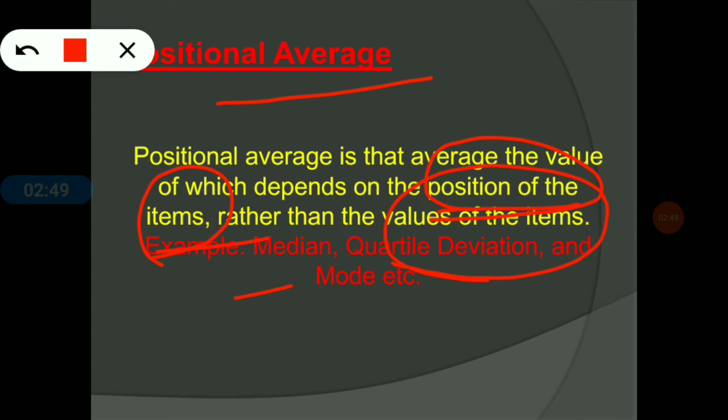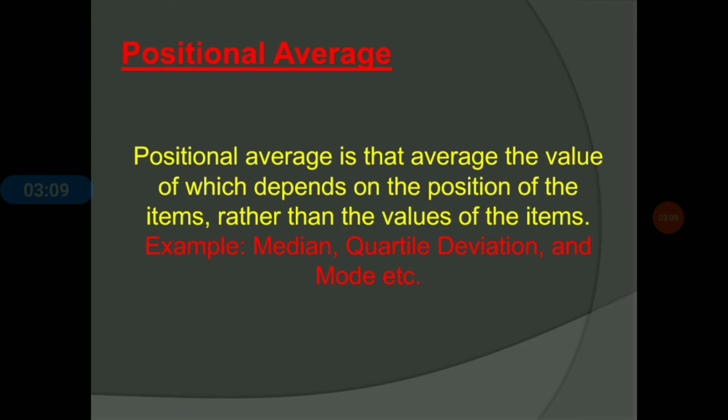That's why median, quartile deviation and mode are all examples of the positional average, because they depend on the position of the values. I think it is clear what the basic difference is between mathematical average and positional average. Okay, now move on to the next slide.